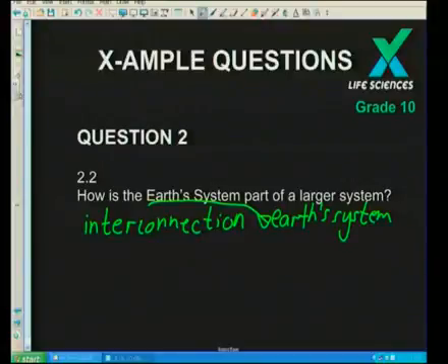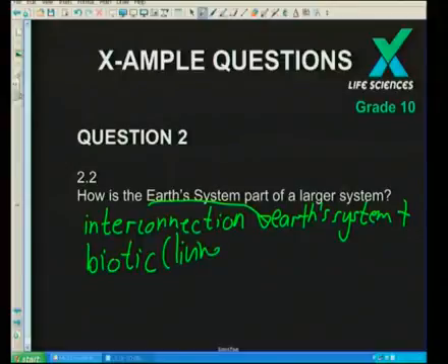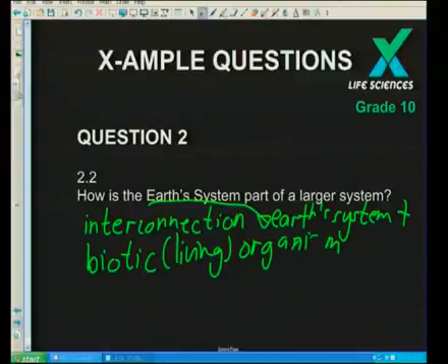And I say to you now, all the biotic, so it forms an interconnection with the Earth system and all the biotic, which is the living organisms, interacting then with our non-living.